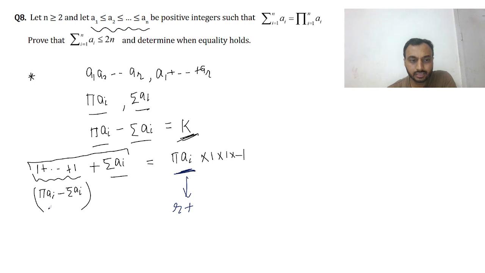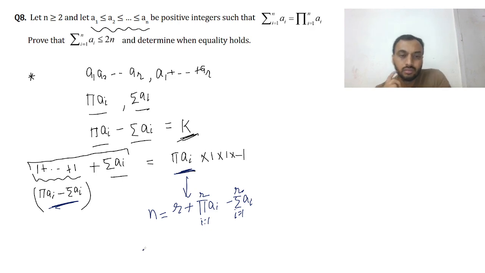And how many ones are there? This much, where i is 1 to r. So that is our n. So the number of terms in this form is r, if we are using r positive integers which are greater than or equal to 2, r plus product of those ai minus summation of ai, right? So these are the number of terms.